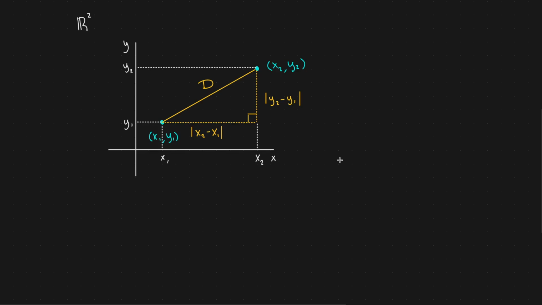So I can use the 2 legs of the triangle to find the hypotenuse. And so, by the Pythagorean theorem, the hypotenuse squared is equal to the sum of the legs squared. So absolute value of x2 minus x1 squared plus absolute value of y2 minus y1 squared.